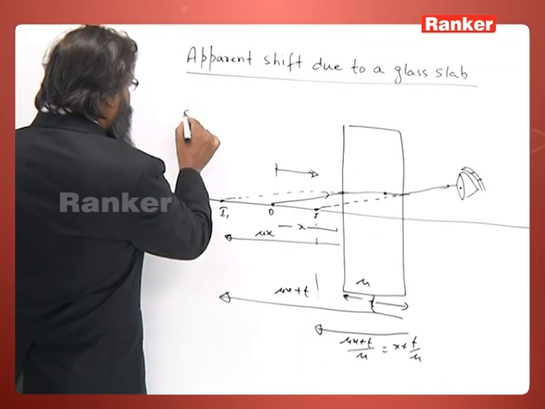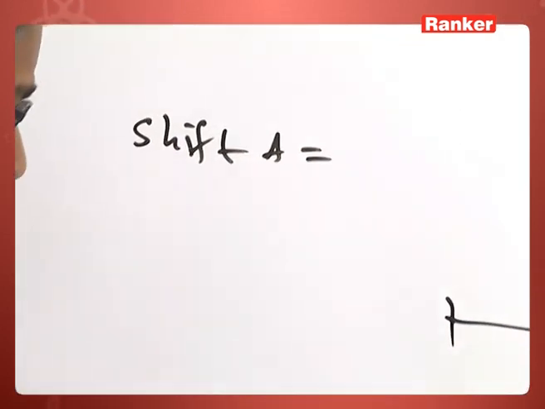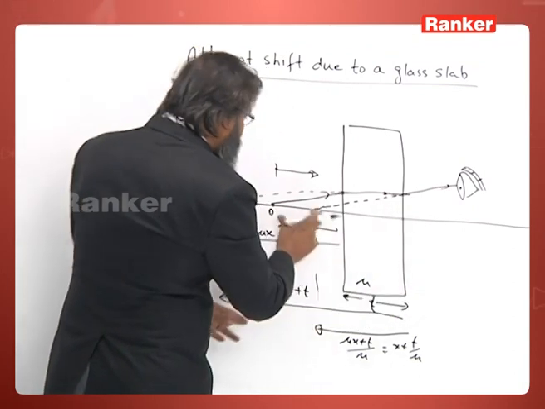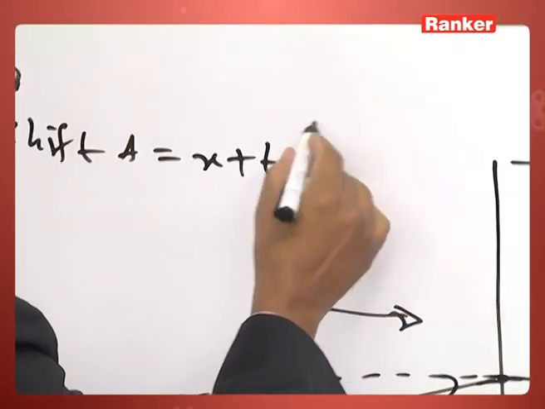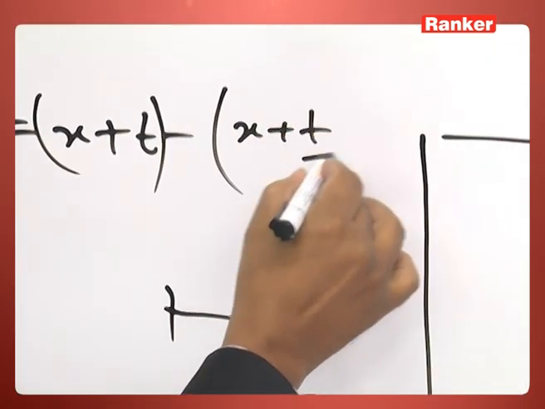So now you see the net shift in the image distance caused by this slab. Let us call the shift delta. What is this distance minus this distance? So this distance is x plus t, minus (x plus t by mu).